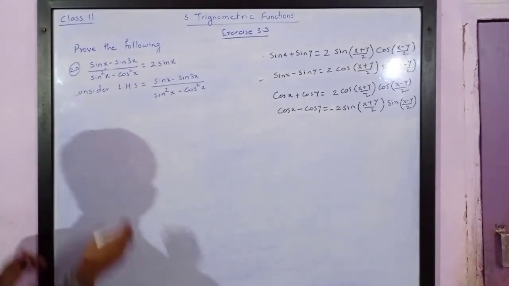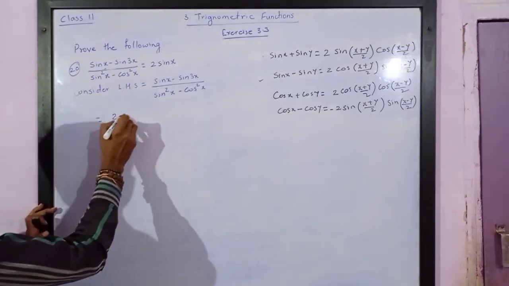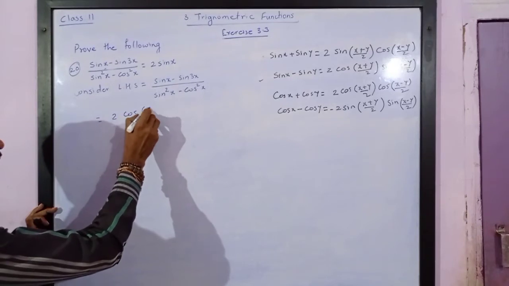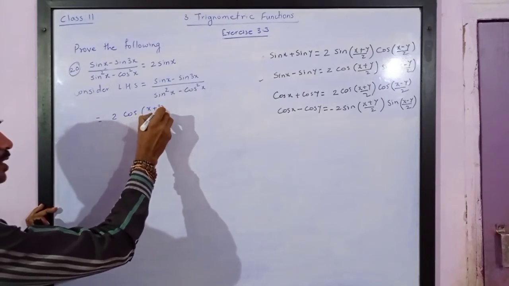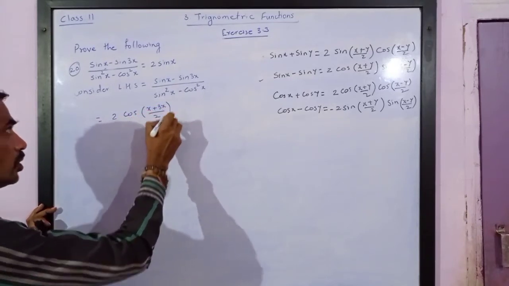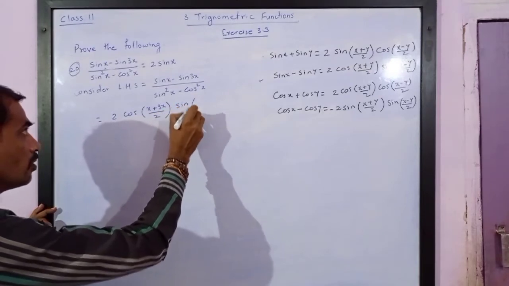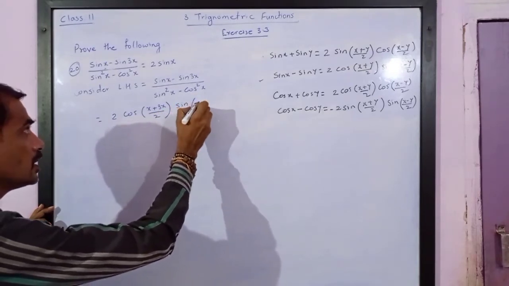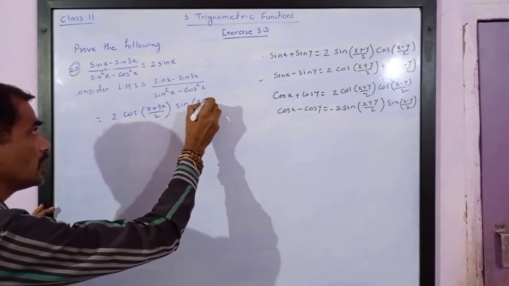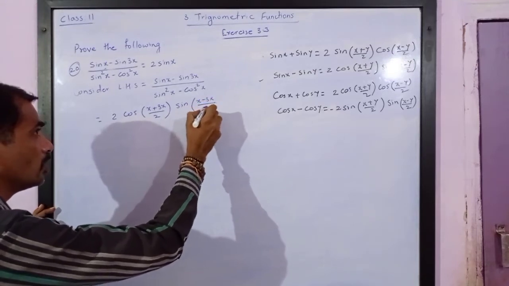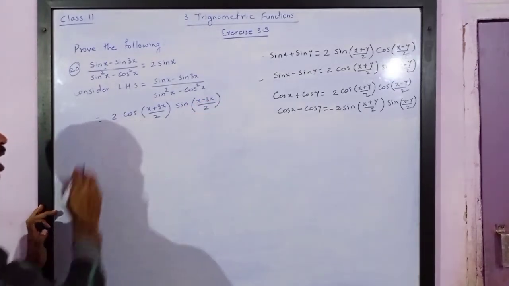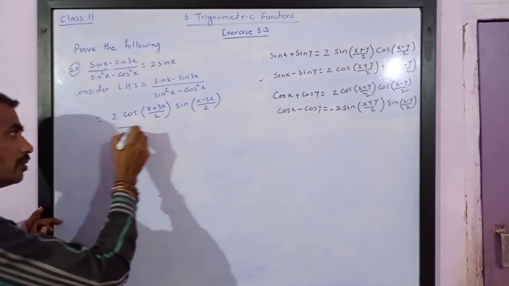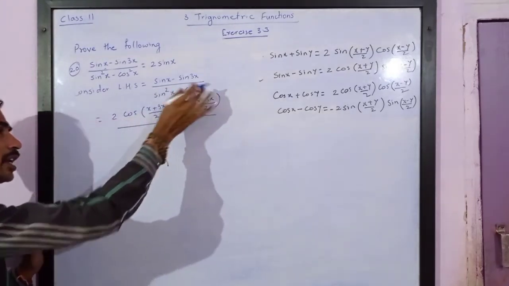If we solve the numerator, we will get 2 times cos of (x plus 3x) upon 2 into sin of (x minus 3x) upon 2. Now look at the denominator, sin square x minus cos square x.